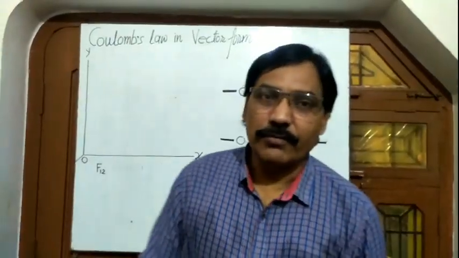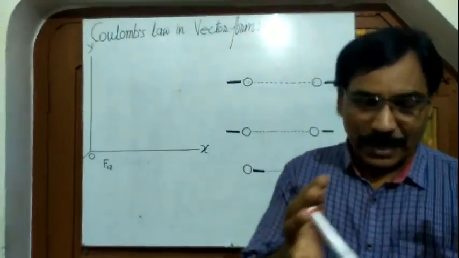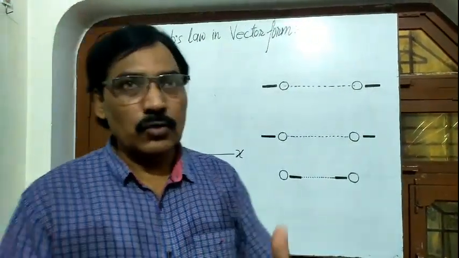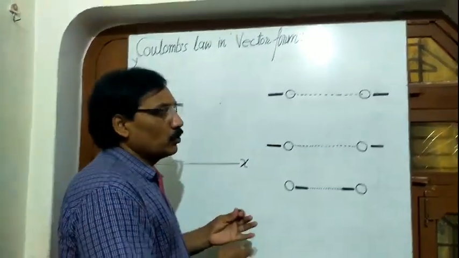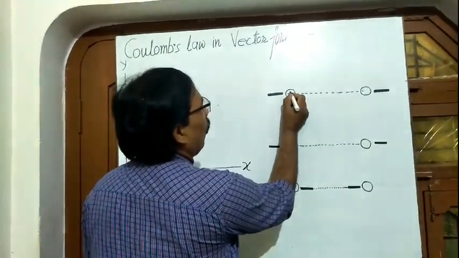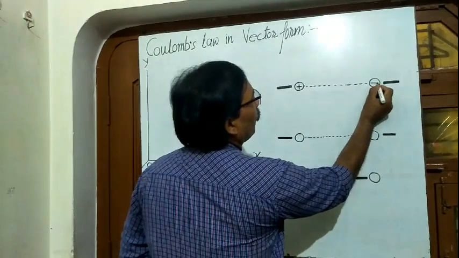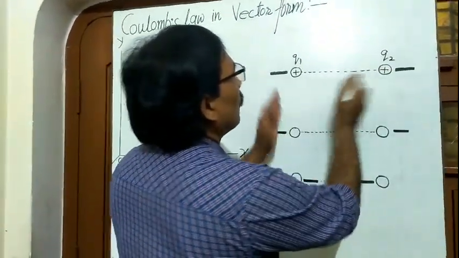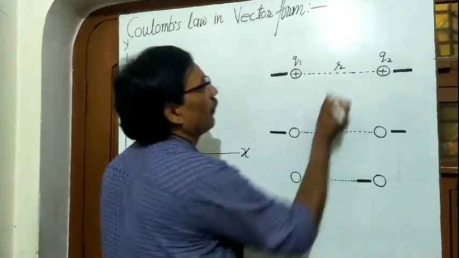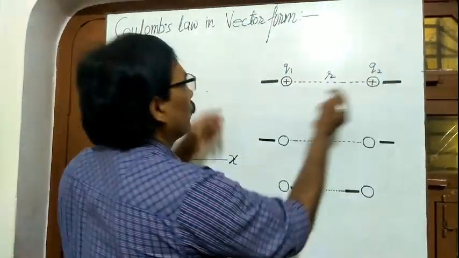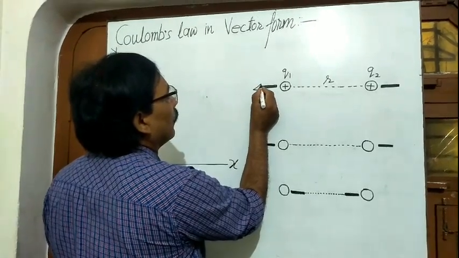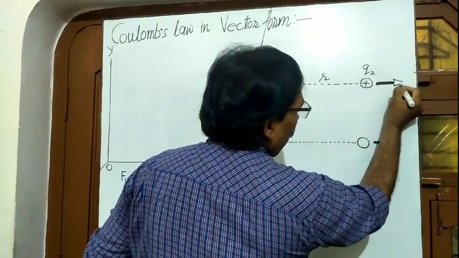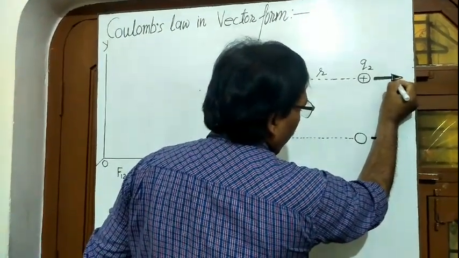Coulomb's law in vector form gives magnitude as well as direction. For this, as you know, if the two charges are of same nature, suppose these two charges are positive, this q1 and this q2, separated by distance r, there will be repulsive force, they will repel each other.